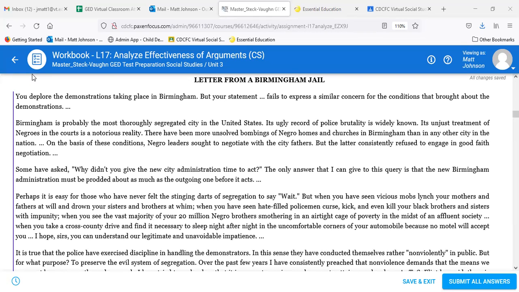On the basis of these conditions, Negro leaders sought to negotiate with the city fathers, but the latter consistently refused to engage in good-faith negotiation. Some have asked, why didn't you give the new city administration time to act?